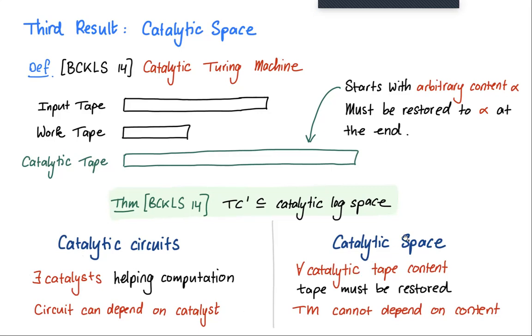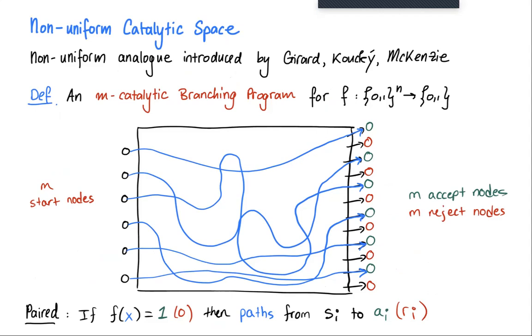In the second, we want that for any content of the catalytic tape, the Turing machine must work, and the tape must be restored. And in particular, the Turing machine cannot depend on the content of the catalytic tape. Okay, so there is a clear difference between these two. However, we can use our techniques to still say something about the second.